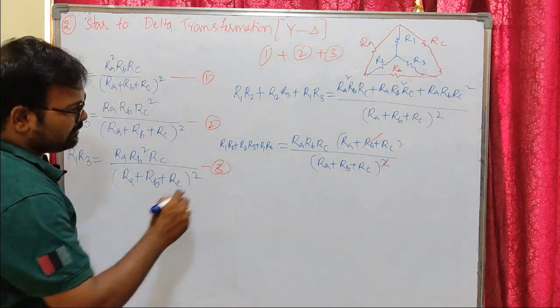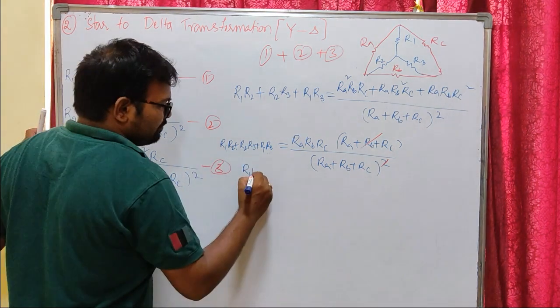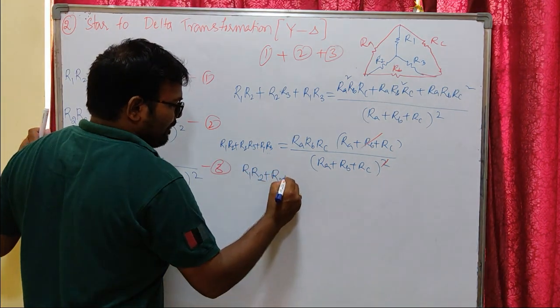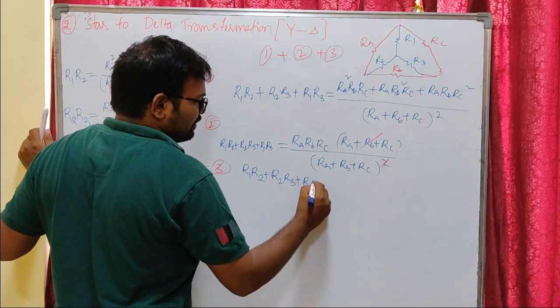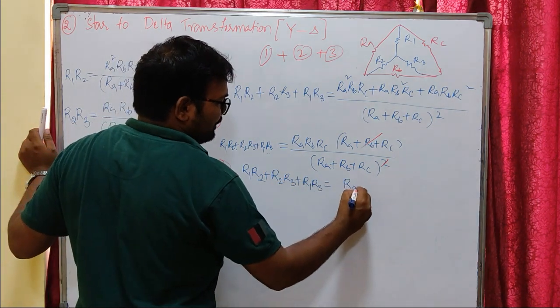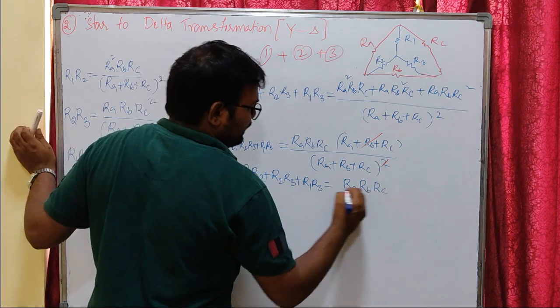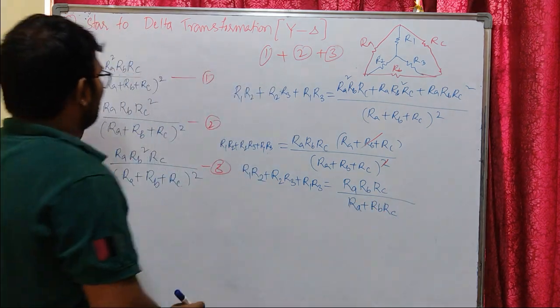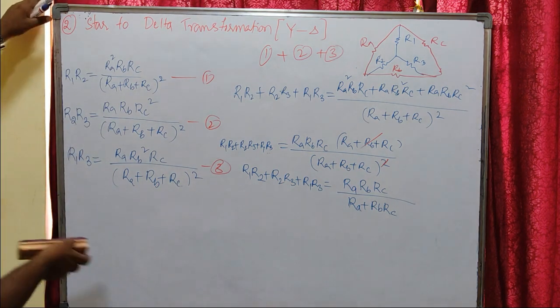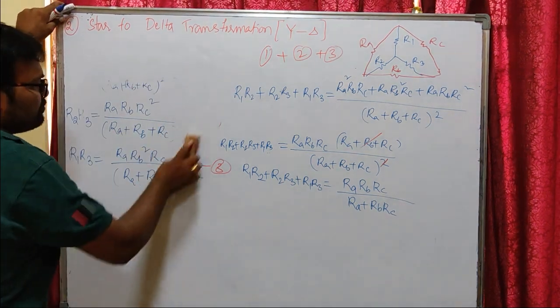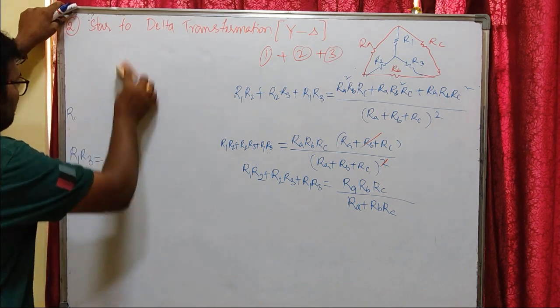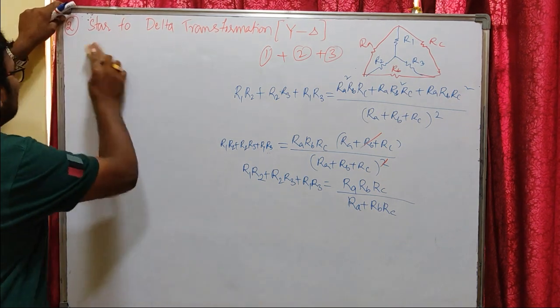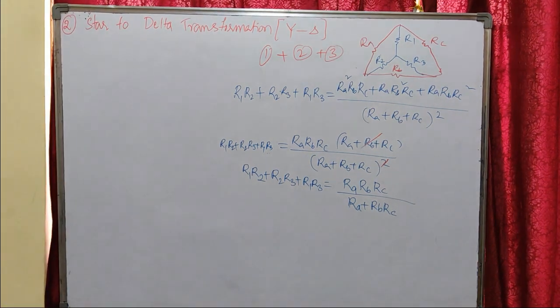So here I am left with R1 R2 plus R2 R3 plus R1 R3 equal to RA into RB into RC by RA plus RB plus RC. I am going to erase these two equations. You need to prove this derivation when you are asked in your semester exams.